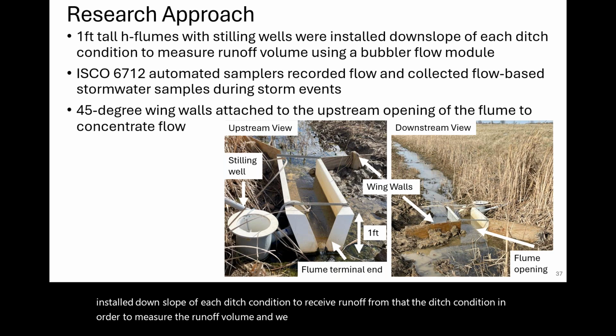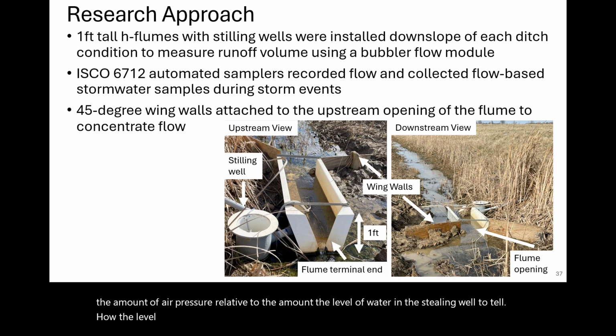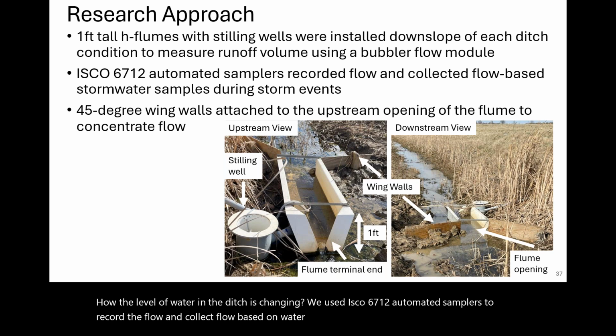And we did this using a bubbler flow module, which uses the amount of air pressure relative to the level of water in the stilling well to tell how the level of water in the ditch is changing. We used ISCO 6712 automated samplers to record the flow and collect flow-based stormwater samples during storm events.